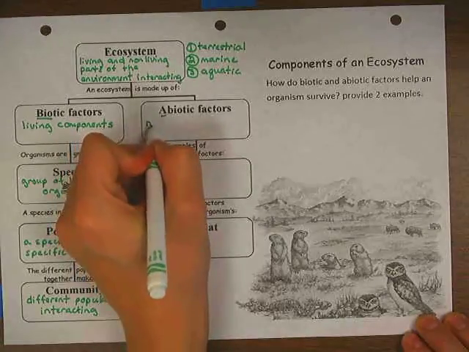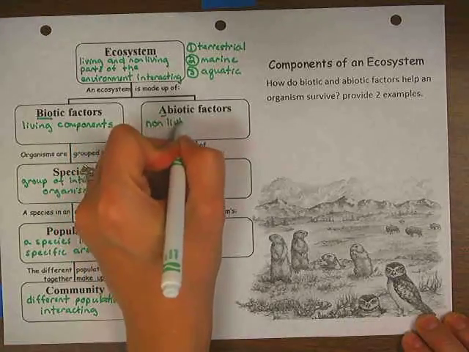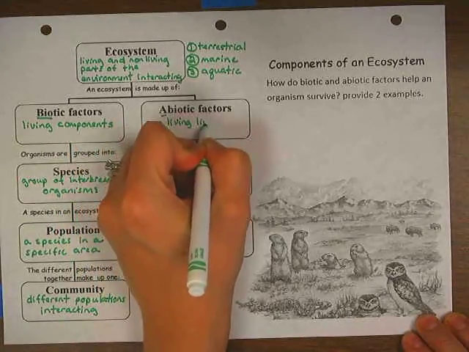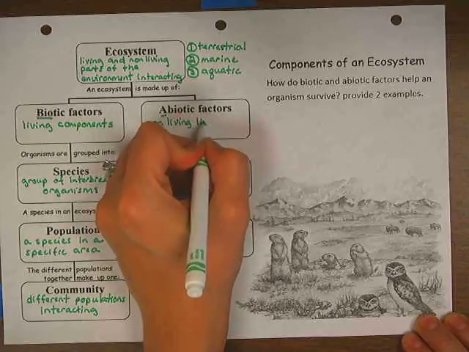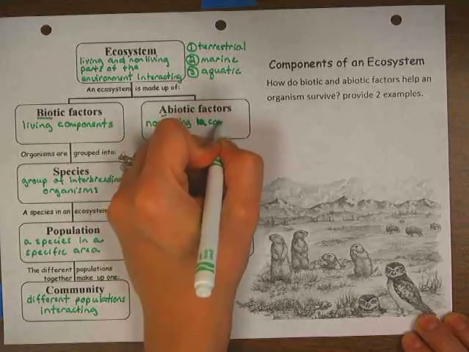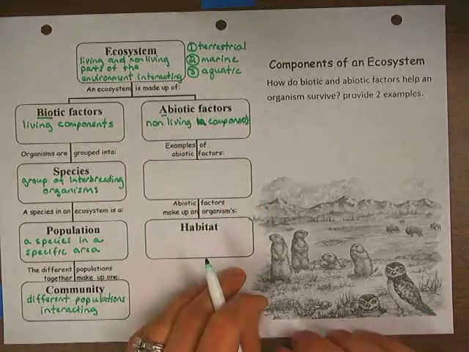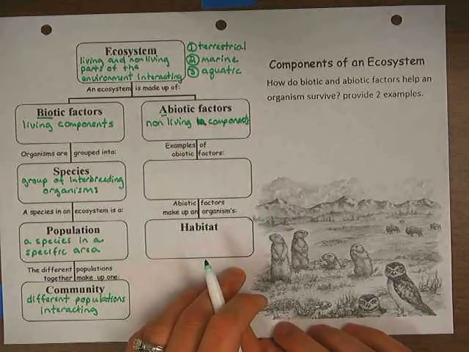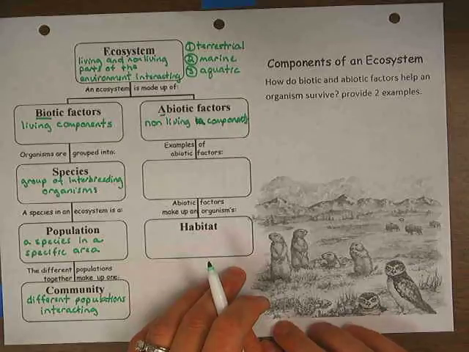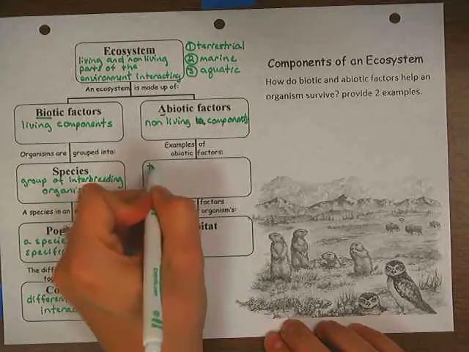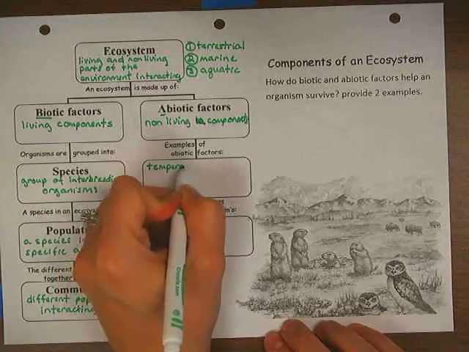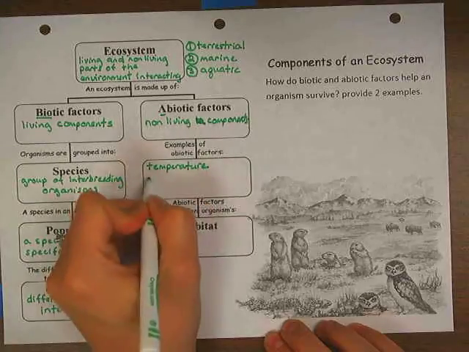Well, that takes care of the living part, but remember that A means not. So abiotic, these are non-living components of an ecosystem. Apologies. Okay. And these can have a really big impact on the organisms that live there.